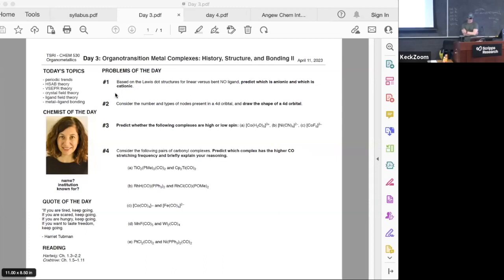Again, the bottom ones are the more confusing because you're changing multiple things, right? You're changing metal, oxidation state, ligand set. And so you can probably convince yourself differently here. Although I think phosphine is a stronger sigma donor, and it's a lower oxidation state.